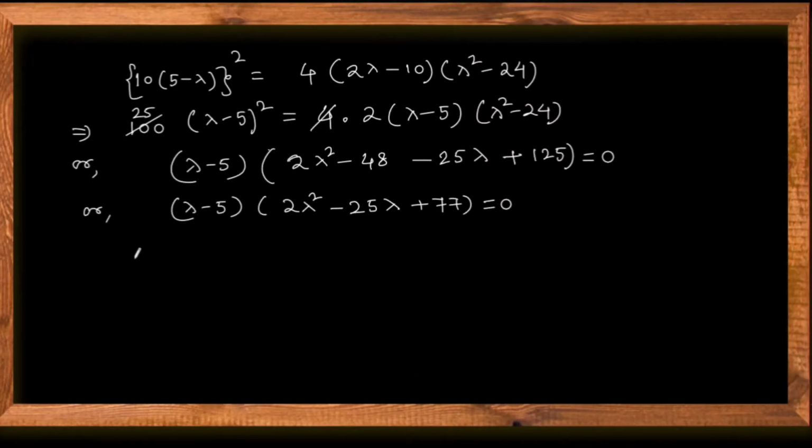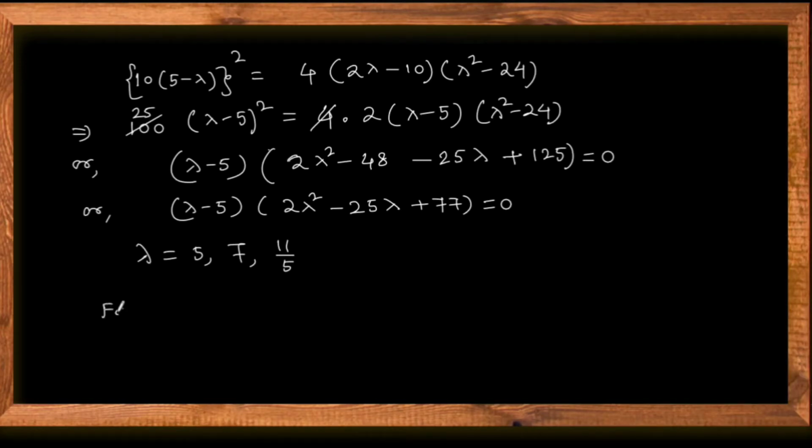If we solve for lambda, we'll get lambda equals 5, 7 and 11 by 5. Choose any one from these three and you will get the same answer for any of these three.